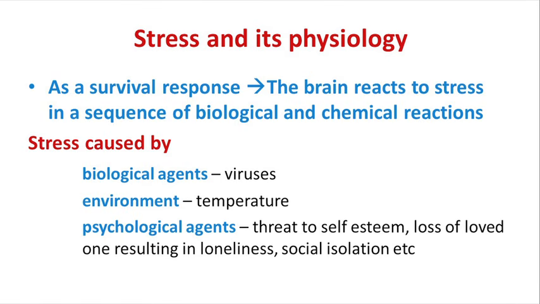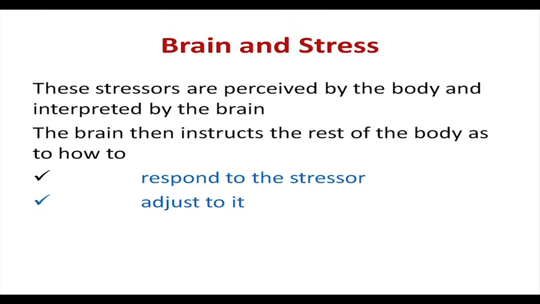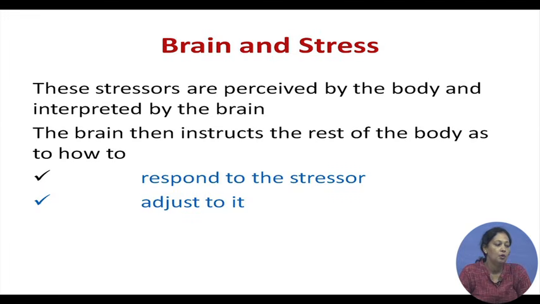next module. But again, to come back to it, stress may be caused by biological agents like viruses and bacteria, the environment, such as temperature and weather conditions, and psychological agents, such as a threat to self-esteem, loss of a loved one resulting in loneliness, social isolation, being publicly ridiculed, etc. These stresses are actually perceived by the body and then interpreted by the brain.